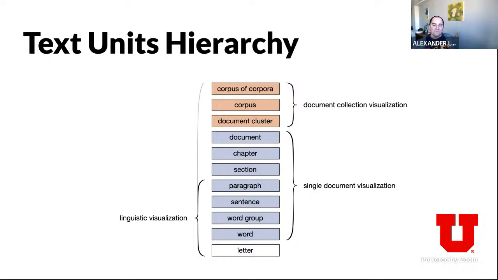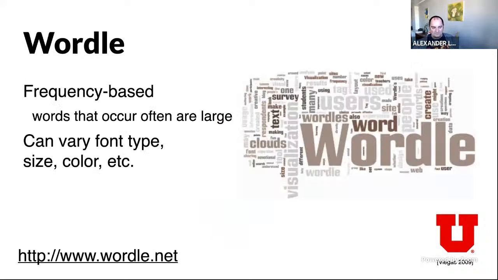For example, if you want to visualize patterns and how similar they are and which are relevant for you, you're at the corpus or corpora level. But if you want to see the words or the style used by poets in a certain poem, then you're down at the linguistic visualization level. So you have to pick where to set your focus to create good text visualizations.